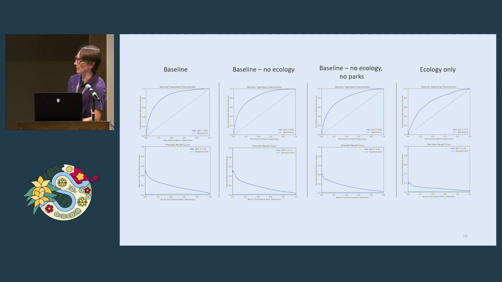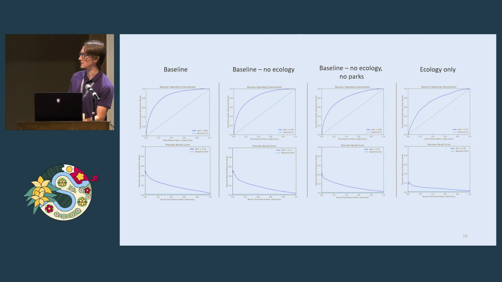Yes, that is correct. So that's the true positive rate on the y-axis, so it's how fast we are identifying the known presences, and then as we're identifying known presences, how many background points are being classified as presence, and that's what creates the curve there.